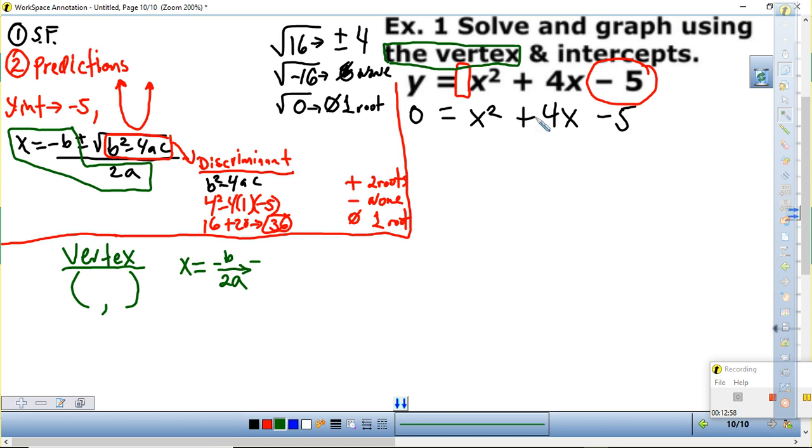So let's see what x is. Minus, what is b? 4 over 2 times a. What is a? 1. So therefore this is negative 4 over 2, which is negative 2. That's my x value. All right. However, I need a what? Oh, not a y-intercept. A y value. So look here on the screen.